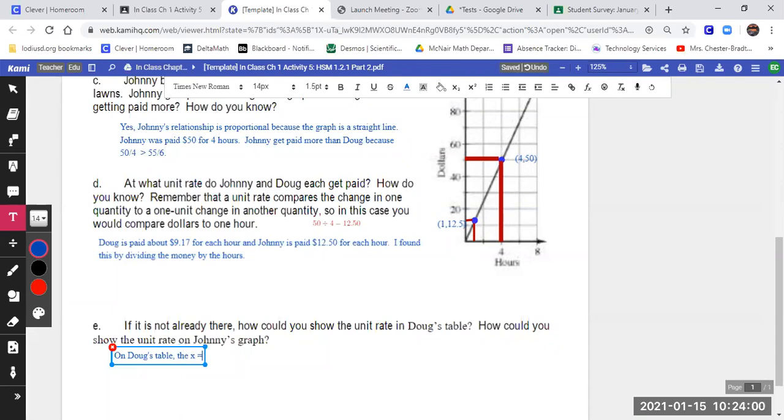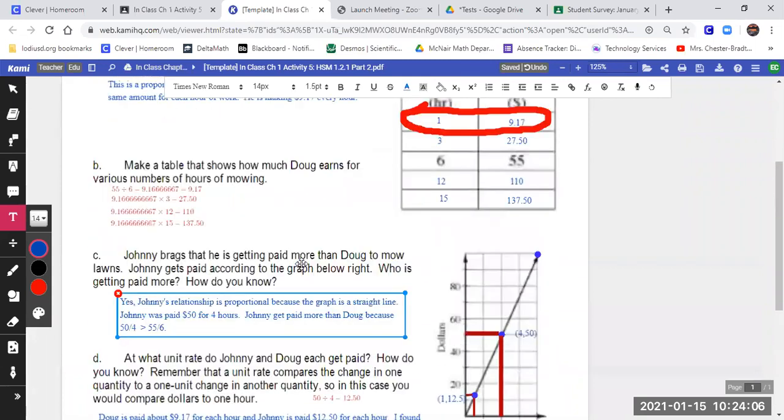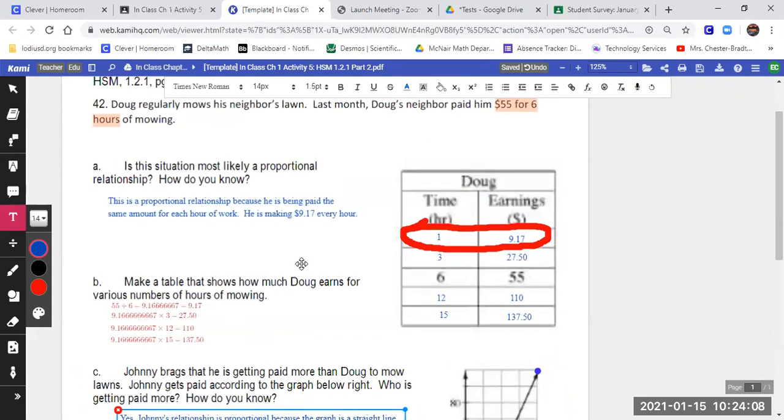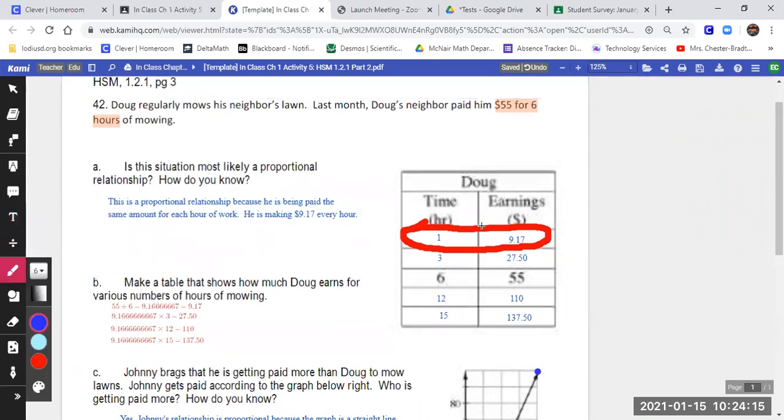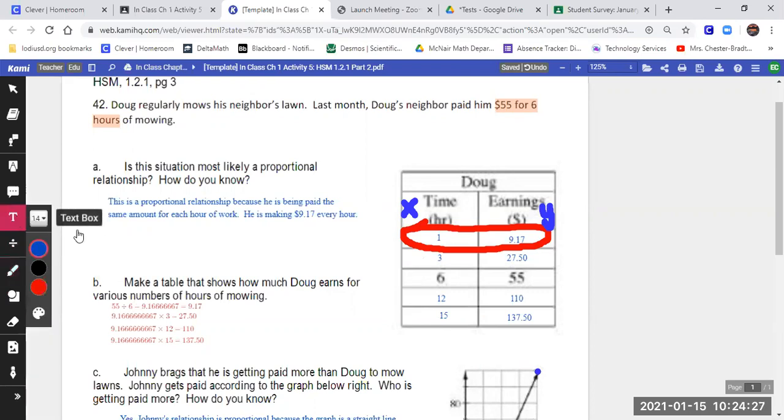The X equaled what? Look again. What did we circle? Remember, this is my X. This is my Y. So for our unit rate, what did the X equal?